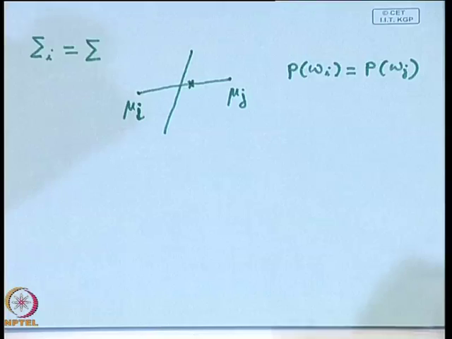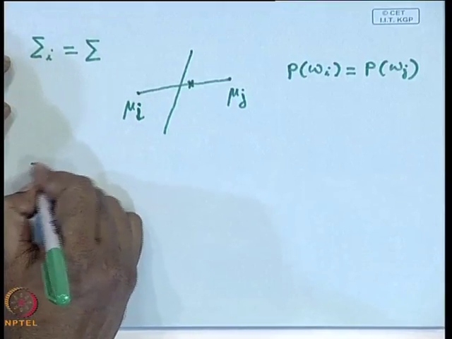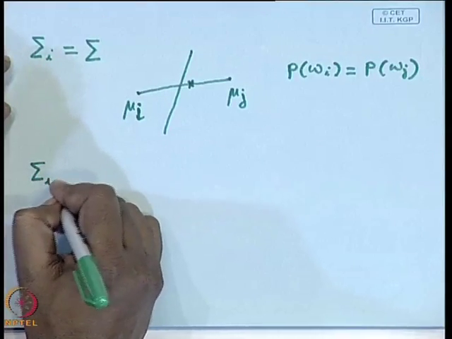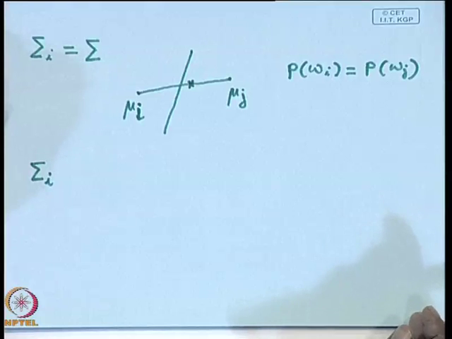Okay. And the third case, we have said that the covariance matrices of different classes are totally arbitrary. Okay. So, for the ith class I will have one covariance matrix, for the jth class I will have another covariance matrix. So, that effectively means that the points or vectors belonging to different classes are clustered into hyper ellipsoidal spaces.